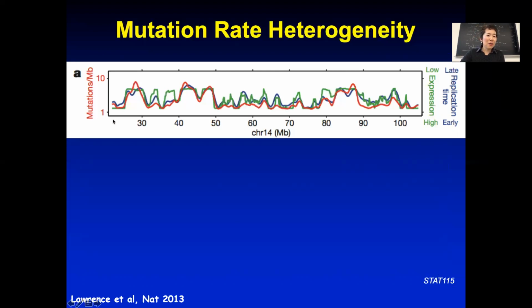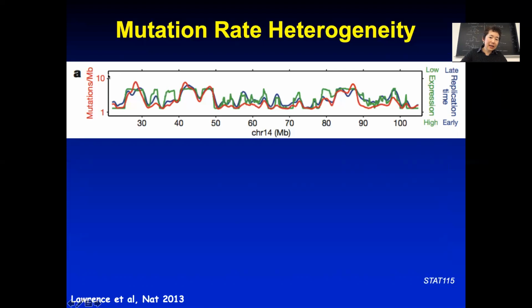So then people started to look at this one chromosome, say chromosome 14. If you look at the number of mutations per megabase, this is the red curve, you can see across different locations on the chromosome, the mutation rate is different. And then they looked at the expression levels of genes in those regions. It's opposite now.